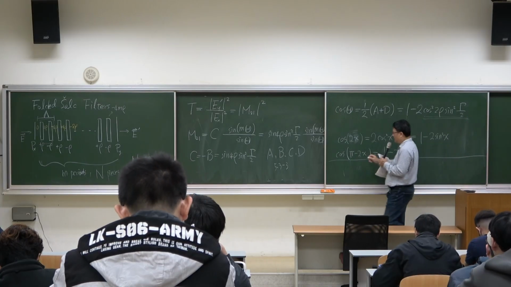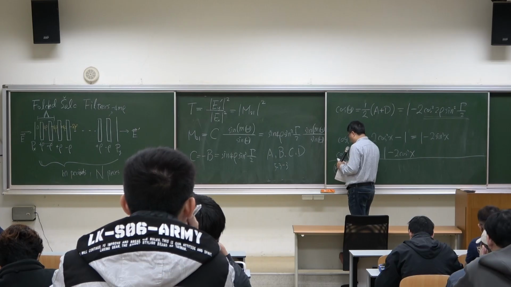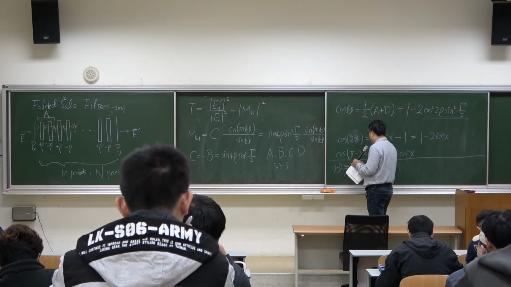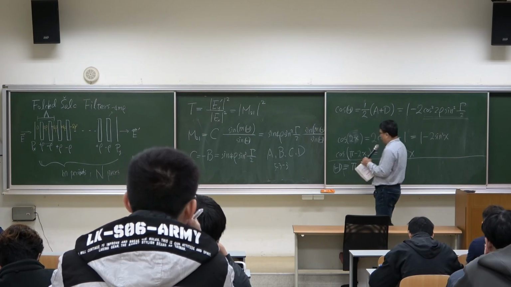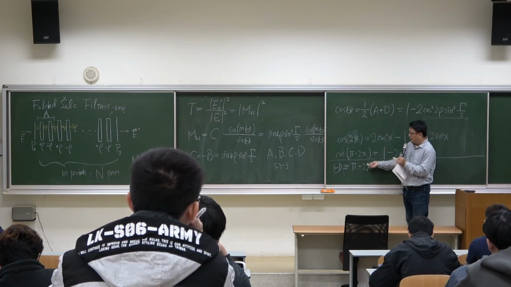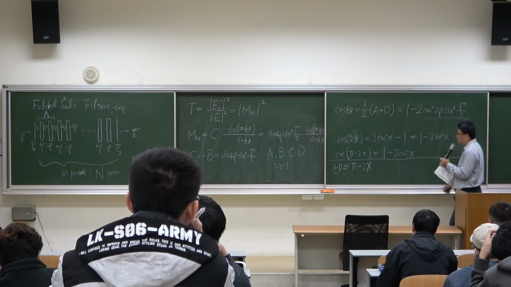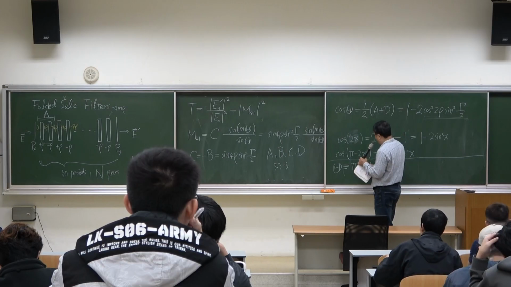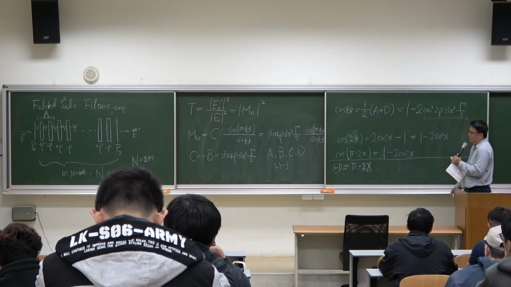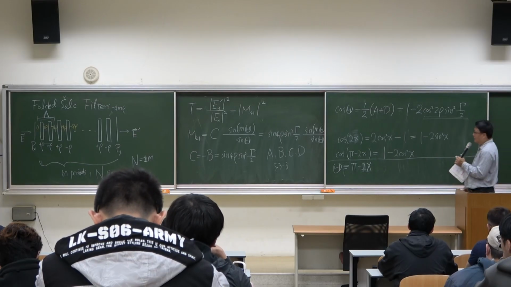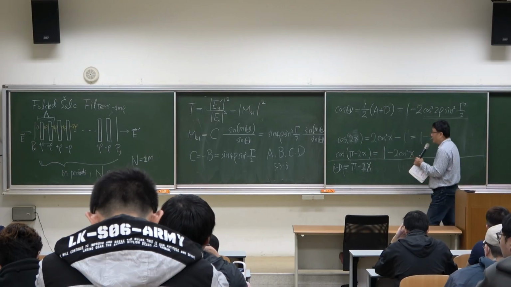The author defines this pi minus 2 chi. Here we use the notation chi, which looks like x but is different: x is an English letter, chi is a Greek letter. Okay? We define theta as pi minus 2 chi.